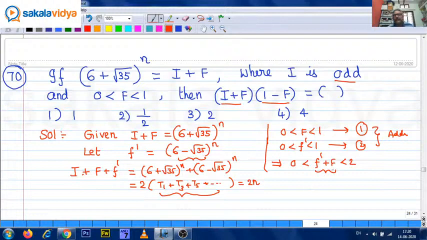Since f dash plus f is an integer between 0 and 2, obviously f dash plus f becomes 1. So here f dash is equal to 1 minus f.